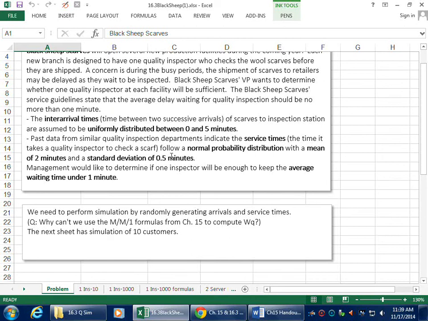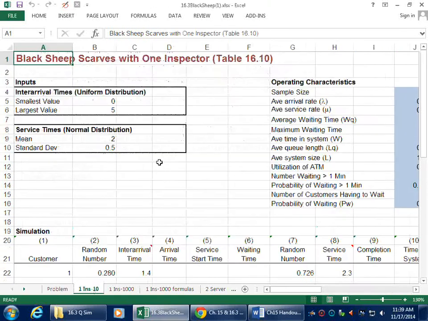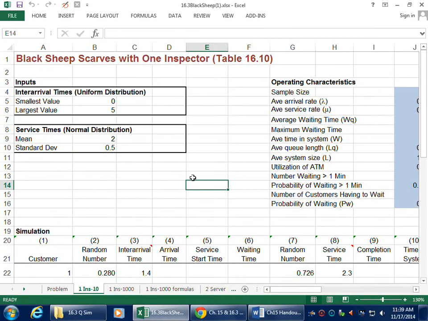Given this, we're going to generate the interarrival time and service time for each scarf and then calculate how long each scarf has to wait. We're going to do it first manually, and then in Excel with formulas. So first here is the 10-scarf manual simulation.